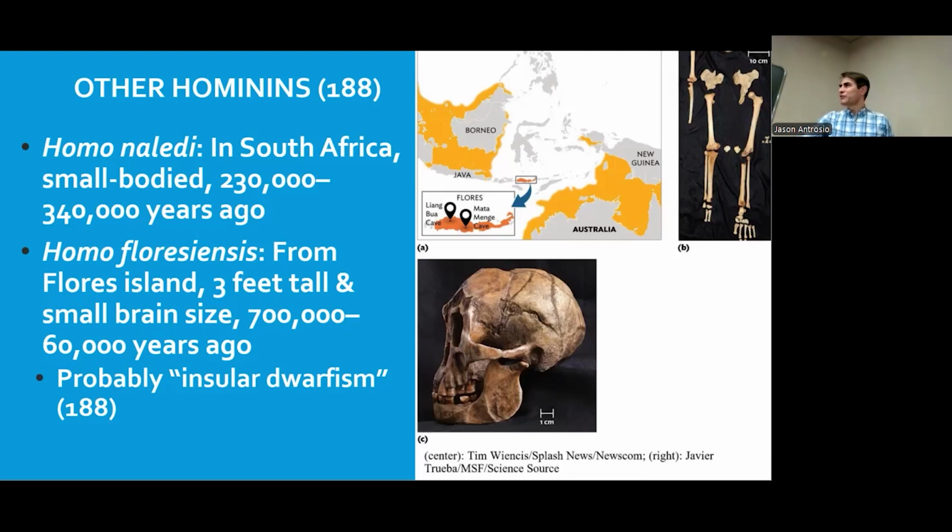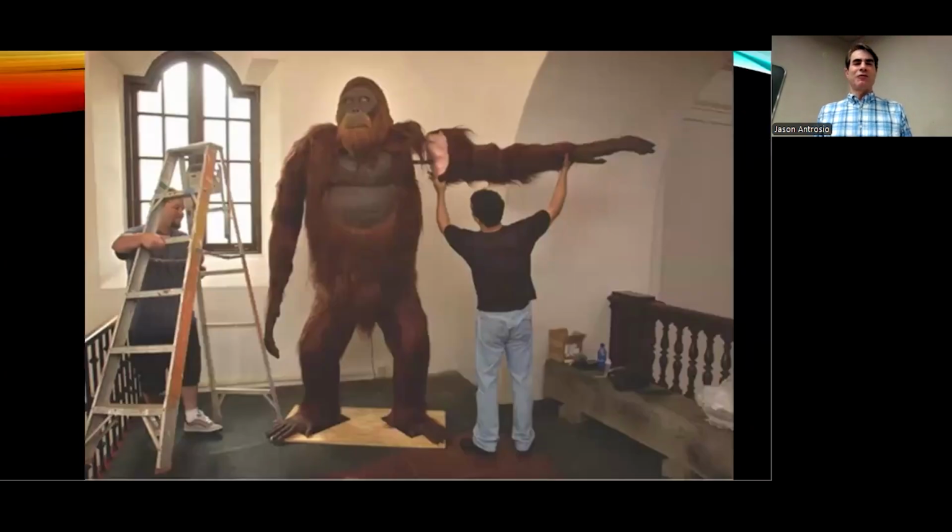I want to also revisit some other primate species that we didn't get to talk about before, just to give you a review of some of the main aspects of what distinguishes Homo sapiens from other groups. So we talk about Homo floresiensis, the little hobbit people, that would be on the very small side.